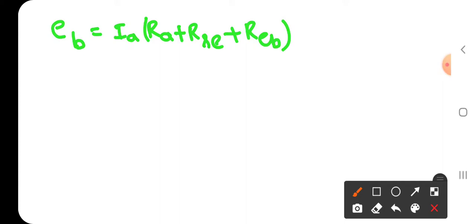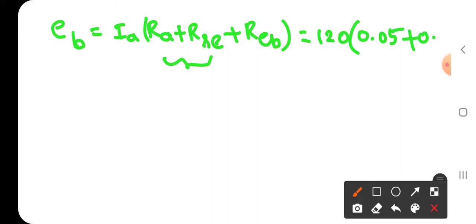Therefore this value is 120 into 0.05, where 0.05 is the combination of RA and RSC, plus 0.5. Okay, so hence this will give 66 volts.